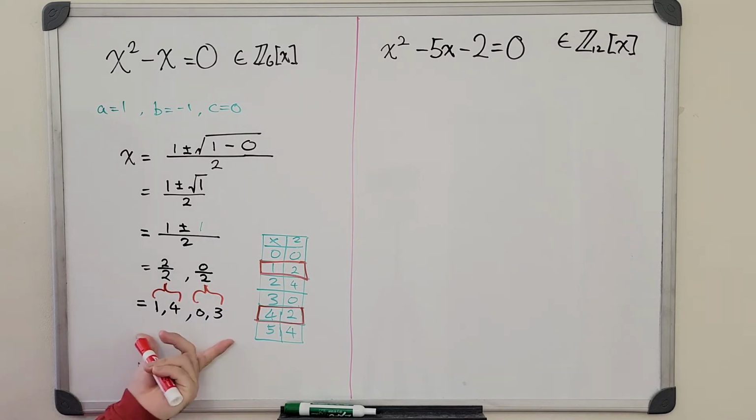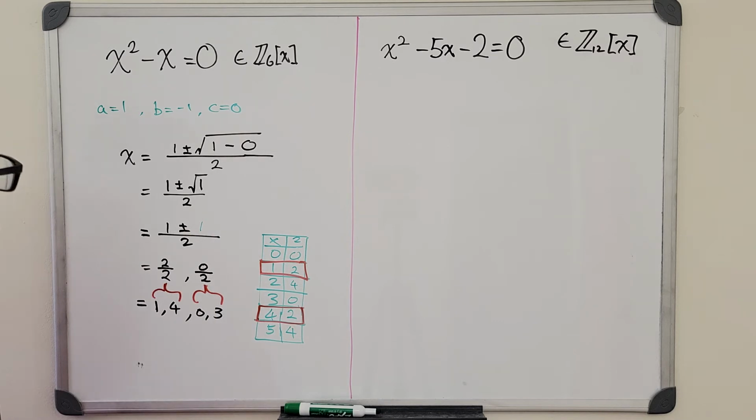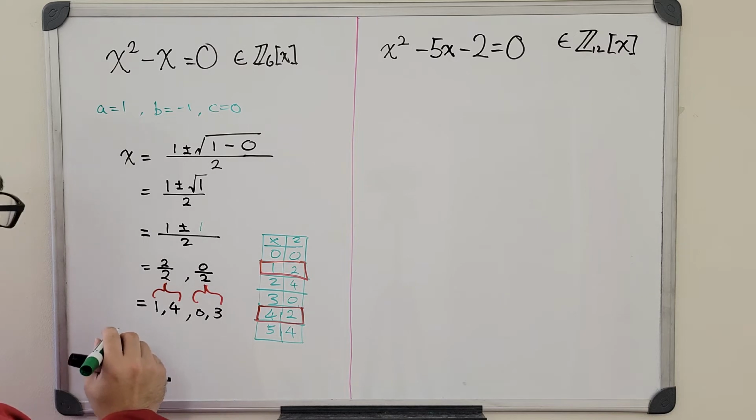So last, are these 4 solutions all valid? Well, there's only one way you can do. Just plug it in and check. So if x is equal to 1, we get 1 squared, which is 1, minus 1, which is 0. So this satisfies.